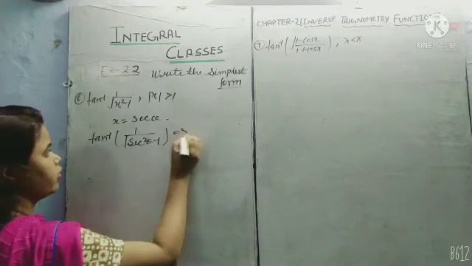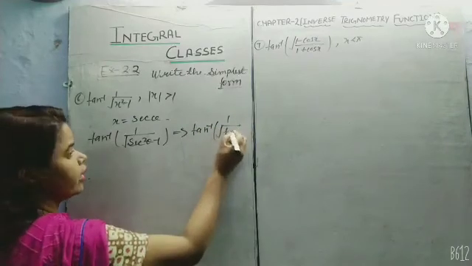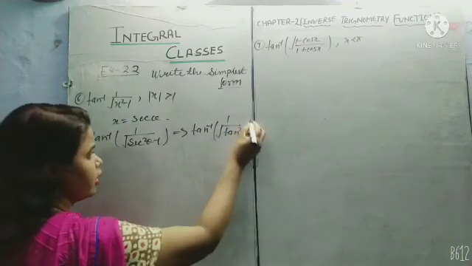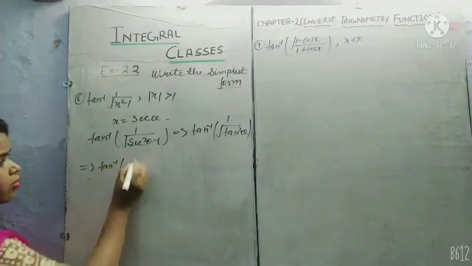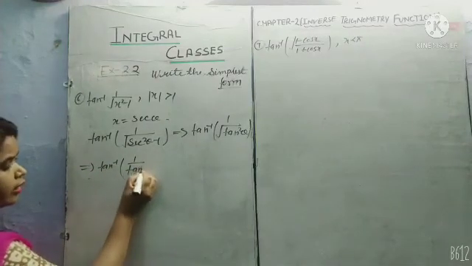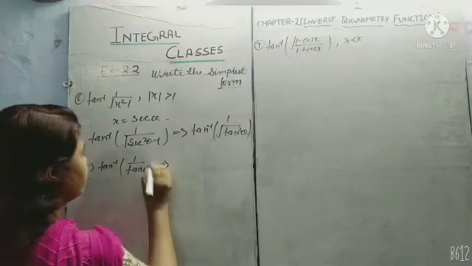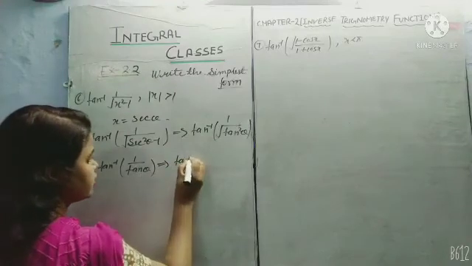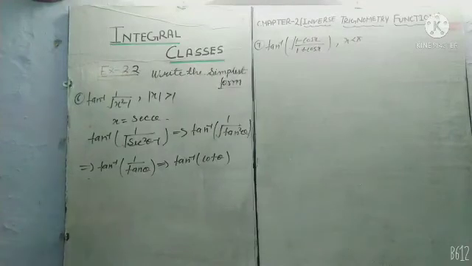And we know that sec square theta minus 1 is equal to tan square theta. And it will now become tan inverse 1 upon tan theta. It will become 1 upon tan theta. Now we have to write here tan inverse cot theta. It is the simplest form.